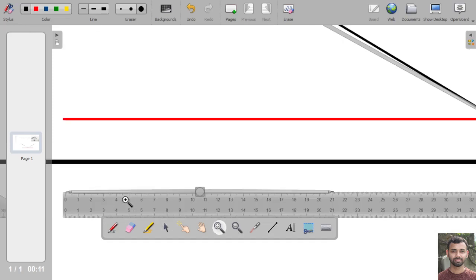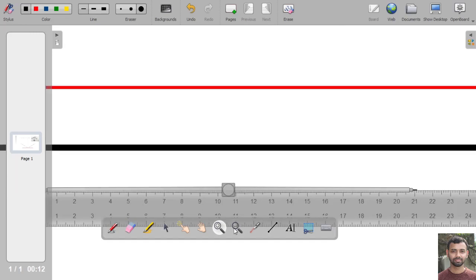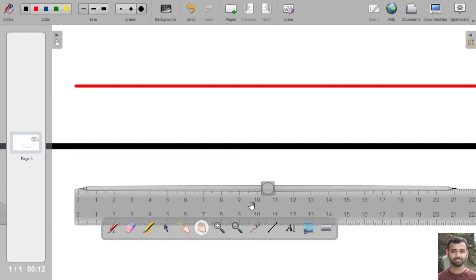So 180 mm is 18 centimeter. So up to this point.